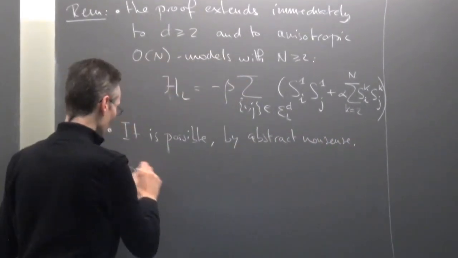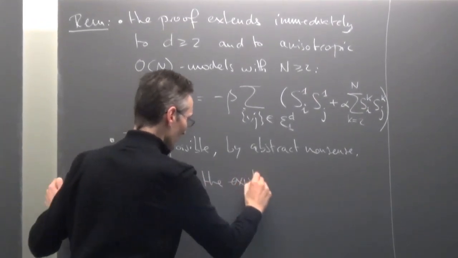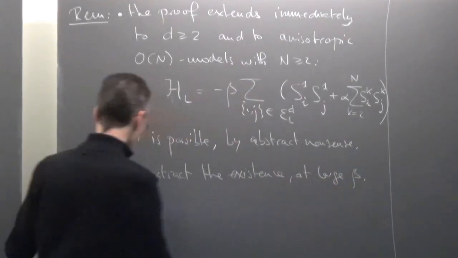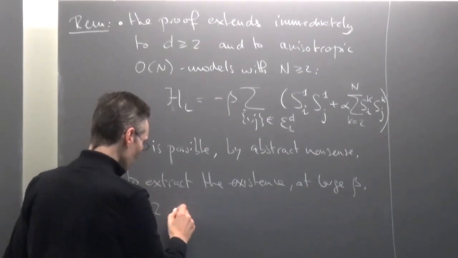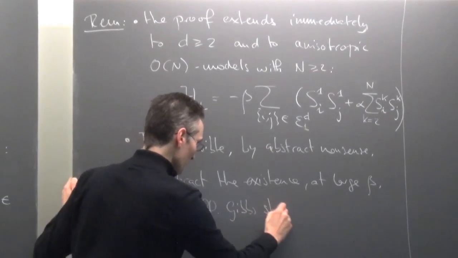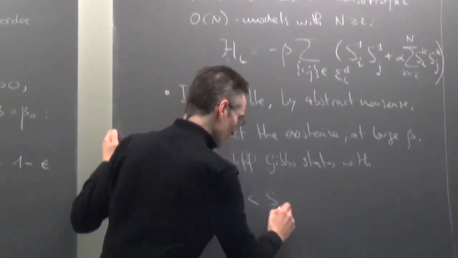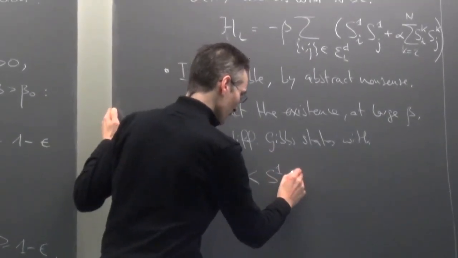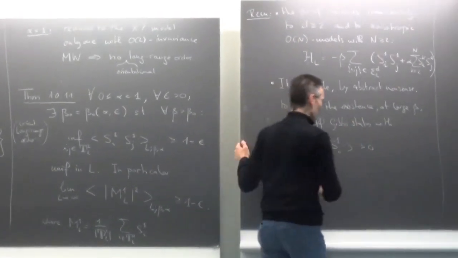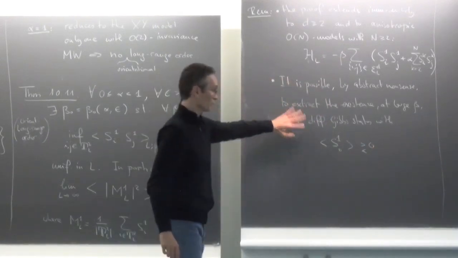To extract the existence at large beta of two different Gibbs states, with the expectation of S_0^1, which is in the infinite volume limit, so in this different Gibbs state, strictly larger or strictly smaller than 1, okay, depending on which of the two I take.